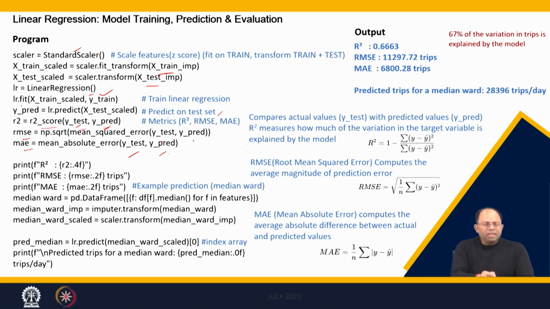Once we have done that, I can print the value of R square using f-strings, then RMSE values, MAE values and so on. And then you can see over here R square, RMSE values and MAE.